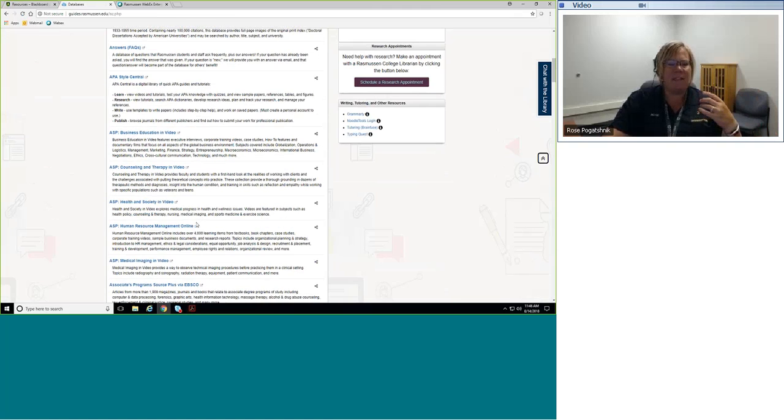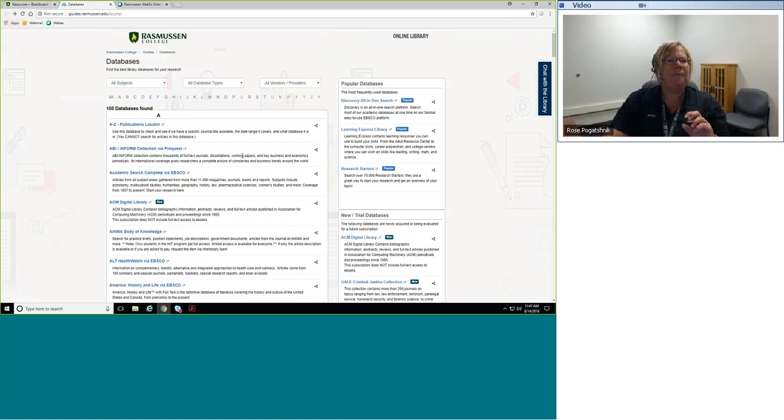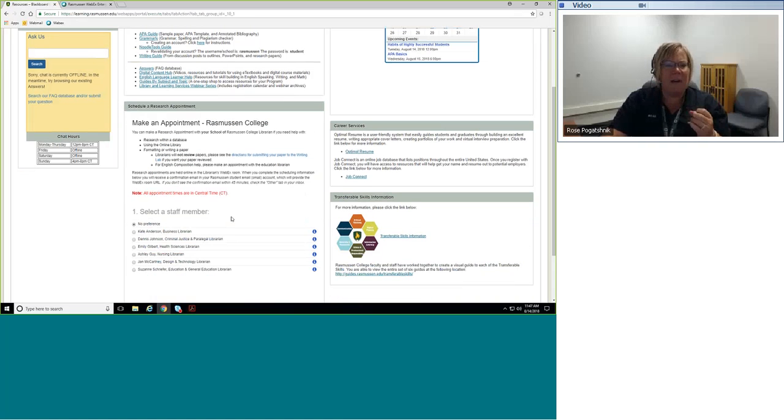Some of my favorites, I like if you scroll down to E, I like the EBSCO Megafile is one of my favorite databases, but again, there's a ton. And if that's overwhelming to you, you can meet with the librarian and he can help you with that. So here is how you can schedule to meet with our librarian.